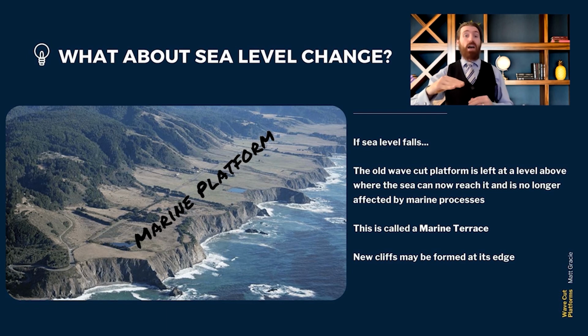And this means it's now eroding a fresh, new cliff, which in fact is the front of the old wave-cut platform. And the old wave-cut platform is now left above a cliff, and it's called a marine terrace or a marine platform around the world. And it's a landform that we associate with relative drops in sea level.